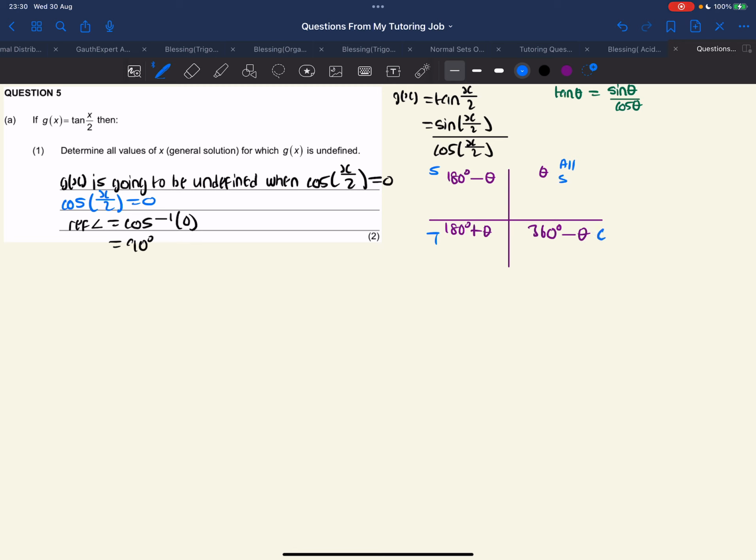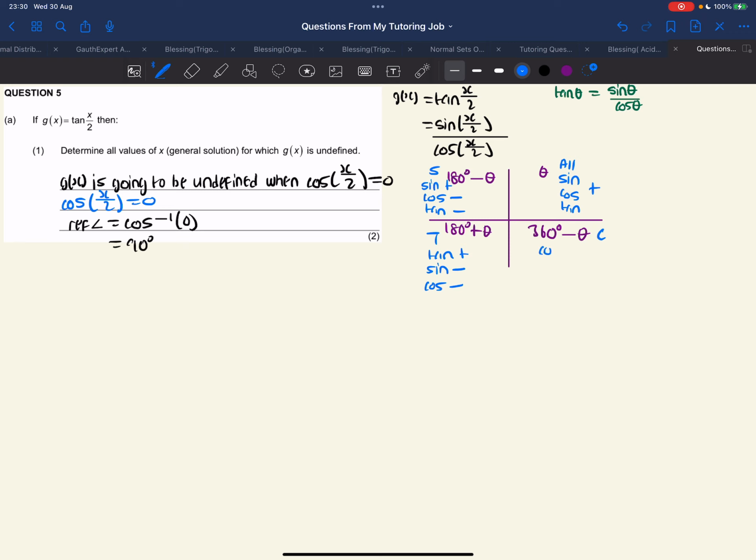Now this means that sine, cos and tan are all positive in the first quadrant, but here it's only sine that's positive, cos and tan will be negative. And for this one, tan will only be positive, then sine and cos will be negative.